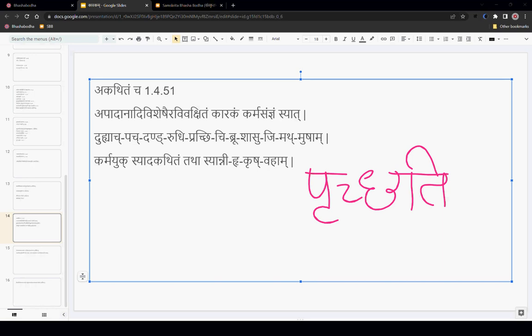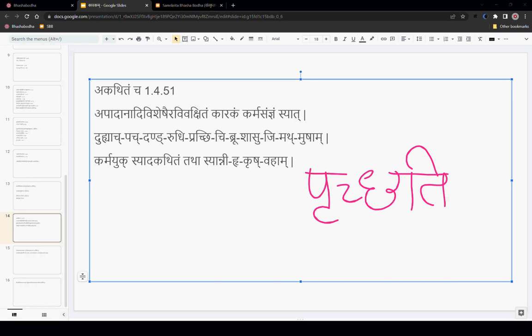Or if you want to literally say "balakah sajjanat prashnam prichchhati," the literal translation would be he asks the road from somebody, right? But generally, the complete form with "from" and everything is not there. So we ask him the question, we ask him the road, we ask him the way to do something.